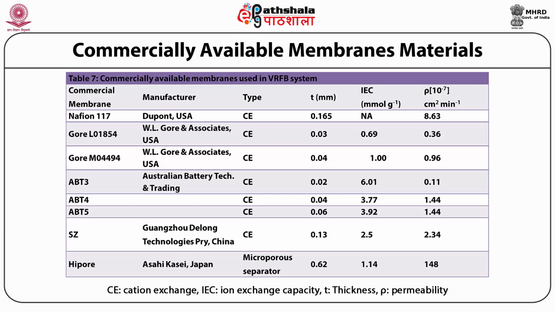Also, higher area resistance was observed with the high IEC membranes such as the ABT membranes than those with a low IEC such as Gore and Hipore membranes. These suggested that there is no direct correlation between the thickness, IEC, resistivity, and diffusivity.